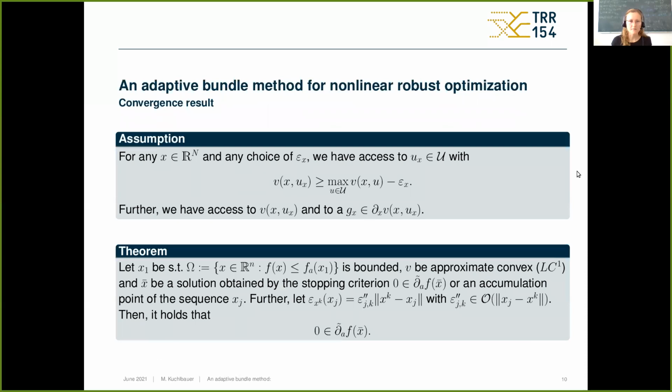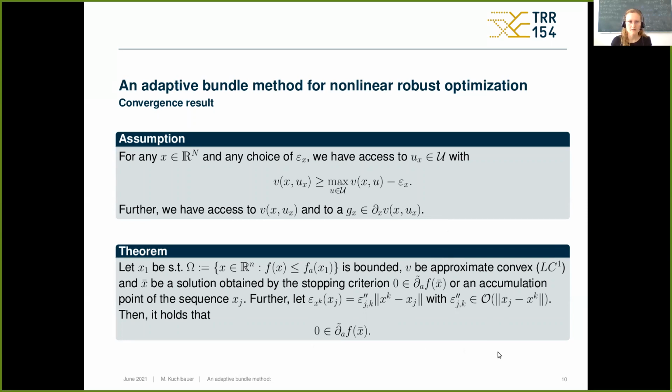So to sum this up, we have assumed to have access to an inexact worst case in the context of nonlinear robust optimization, to the corresponding function value approximation and subgradient approximation. And then we were able to prove convergence of the resulting adaptive bundle method under the assumption of approximate convexity. For this, we let the exactness parameter also depend on the current distance of trial and series iterate, and that's how we obtain this convergence result.